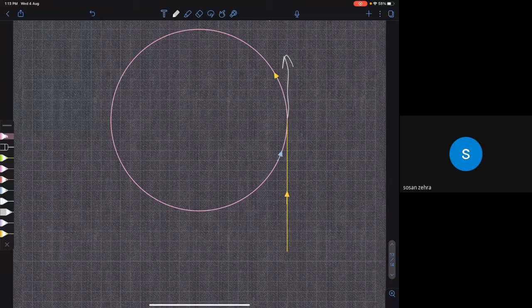Did you understand? If there is no friction, this is how the car will go. With friction, the car will move in a circular path. Clear?